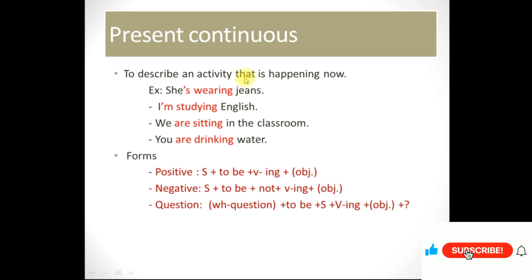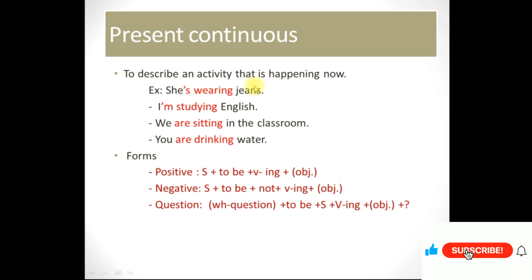So the keyword for present continuous is activities that are happening now. Here are some examples of activity happening right now.